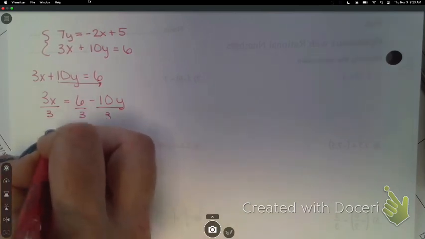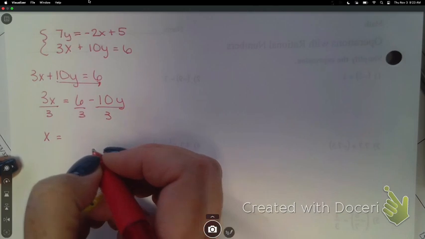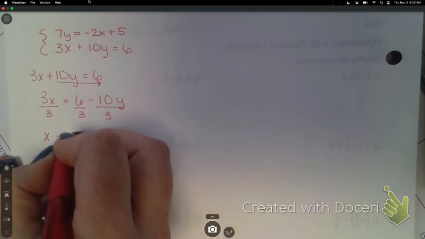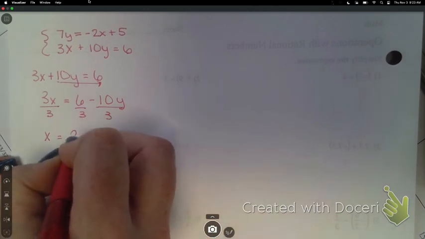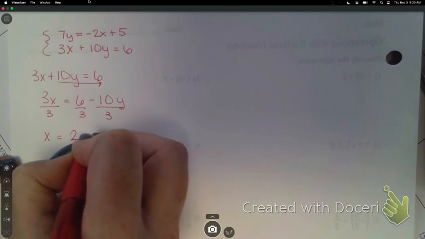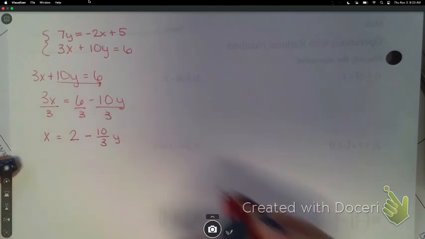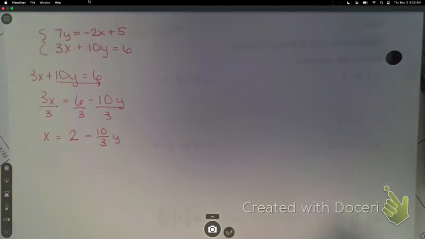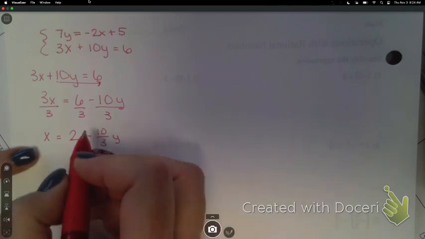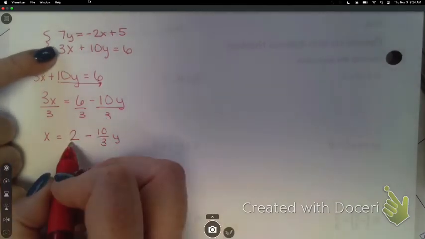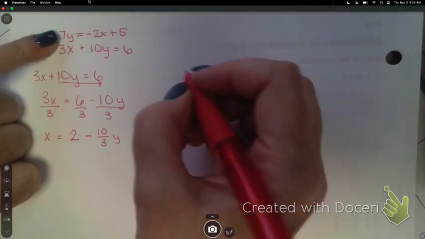So x equals 2 minus 10/3 y. Yep. So this was the second equation, so we have to plug it back into the top.